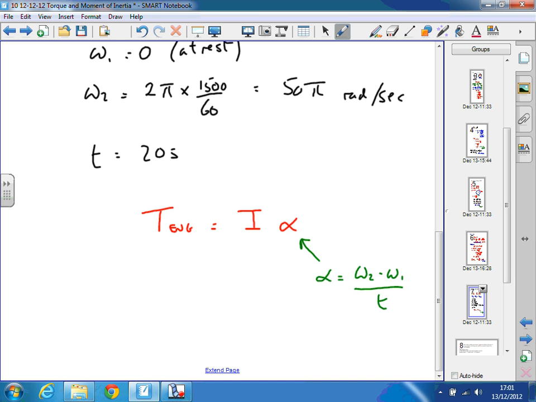I we can calculate because I equals mk squared, that's the flywheel, plus the moment of inertia for the engine. And so then we can do the question.